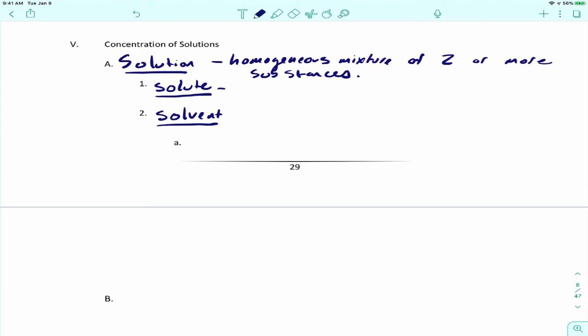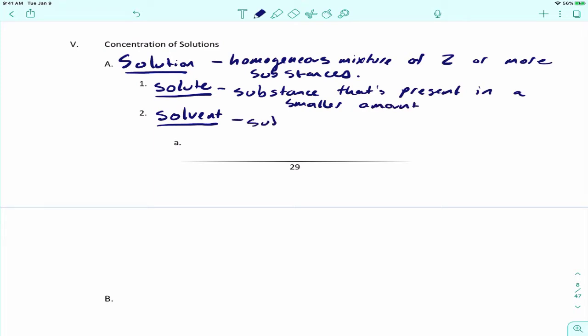A solute is the substance that's present in a smaller amount. And a solvent is the substance that's present in the larger amount, in a greater amount.